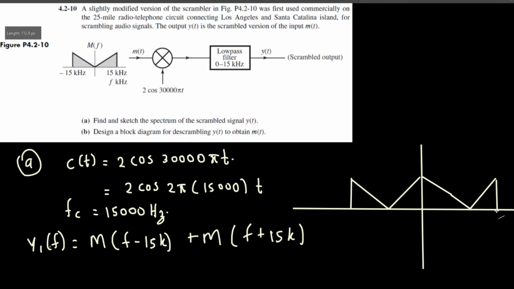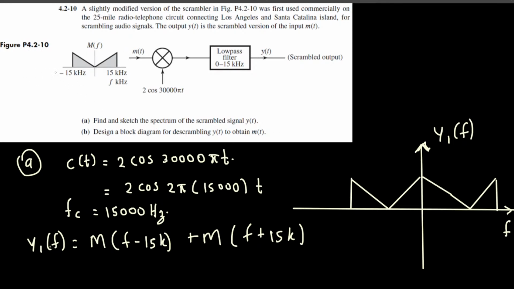Like this, and this is frequency. This one is y1 of f, and this one is frequency. Here the height is not given, so that's not necessary.